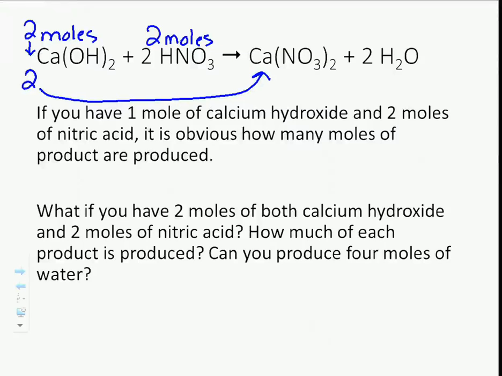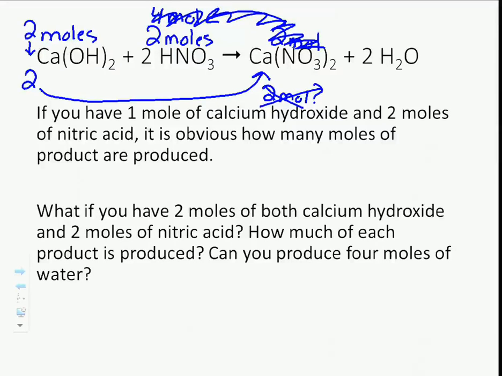Wouldn't you think that could produce 2 moles of calcium nitrate? You would think, because if you got 1 mole of calcium hydroxide, it produces 1 mole of calcium nitrate. If you have 2 moles of calcium hydroxide, it produces 2 moles of calcium nitrate. But that's not the case, because in order to produce 2 moles of calcium nitrate, you would have had to have started out with 4 moles of nitric acid. And we didn't start out with 4 moles, so we can't produce it.